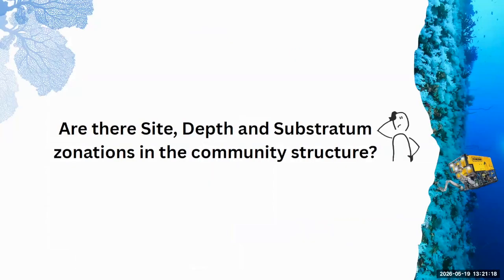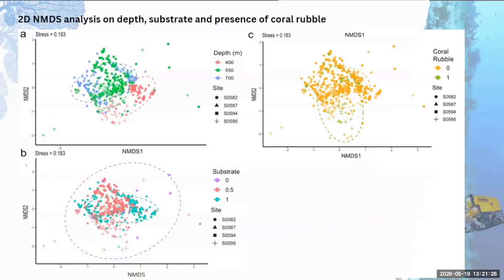And the second objective that we wanted to study was the effect of site depth and substratum on this community structure. In order to do this, I first used PCA and NMDS analysis, but you can see that from this analysis there's nothing much we can infer, because there are no clear emerging patterns.